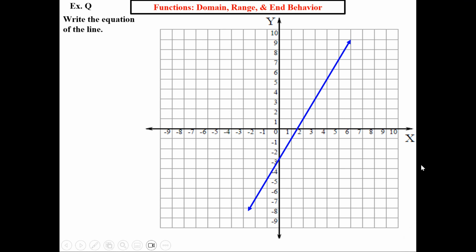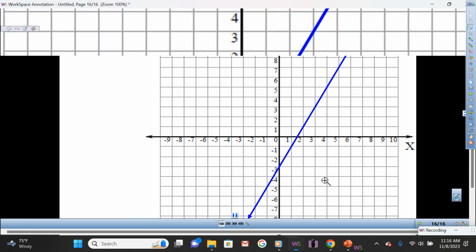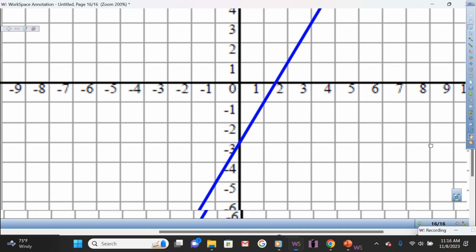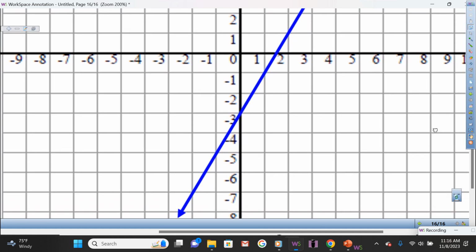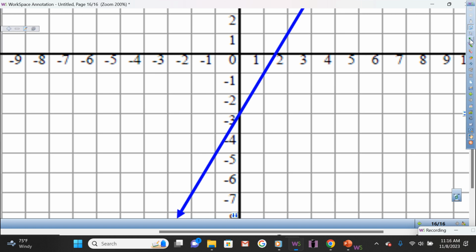Let me zoom in so you guys can see some of the points. Copy that line. Yeah, the big one. And if you want some reference points, I want you to use this one and this one.